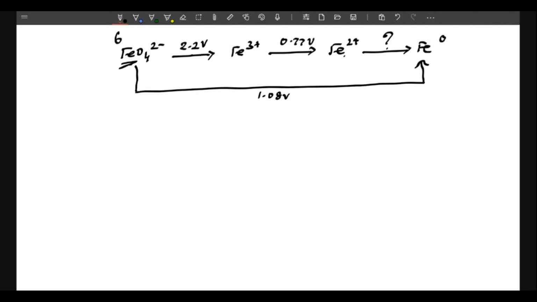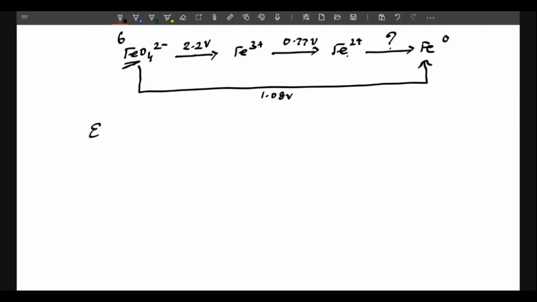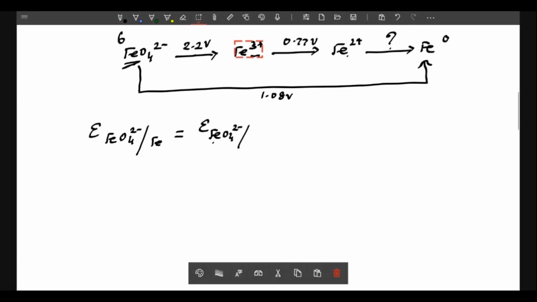What is the maximum here? I am going to write it like this. Iron is in the plus 6 state on the left-hand side, FeO4 2 minus, and the minimum state is 0. Therefore, start with FeO4 2 minus. The next state below plus 6 is the plus 3 state. Look here, plus 3 state.